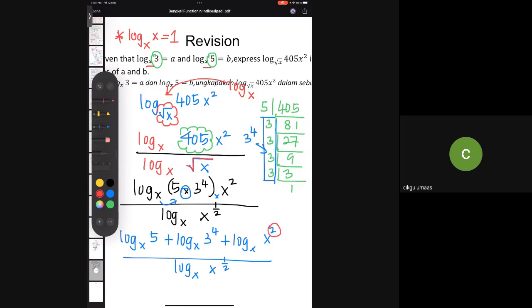So the power is moved to the front. The power is moved to the front. So log X 5 is b. Log X 3 is a. 2, because log X X is going to be equal to 1.